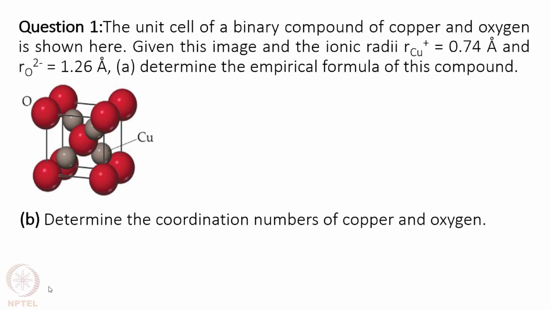What you could see here is that the unit cell that is drawn has oxygens at corner positions. 8 corners have 8 oxygens, and each oxygen contributes 1/8 to the cube. So you have 8 O2- ions at corners, contributing 1/8 each. 8 into 1/8 is equal to 1, plus you have 1 oxygen at the center.